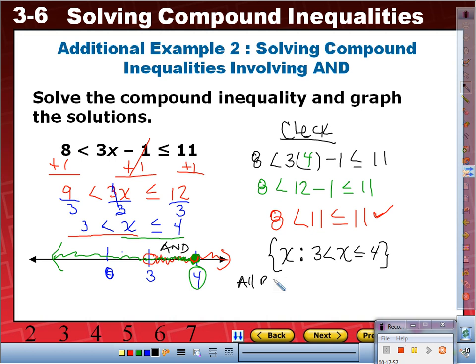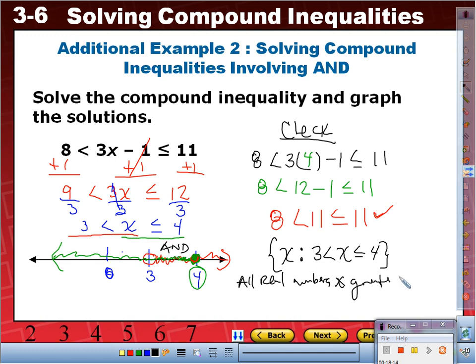All real numbers x, let's see, all these are x. What does that compare to 3?